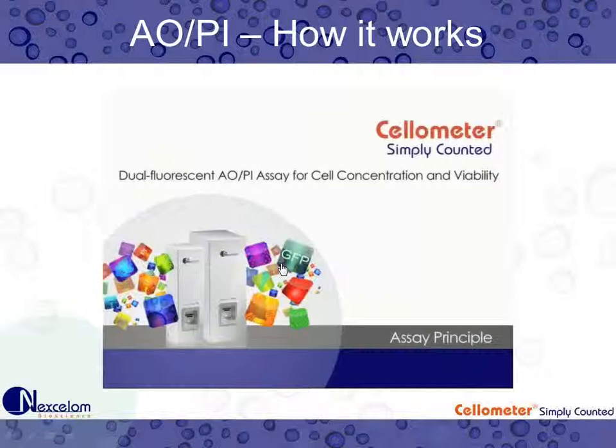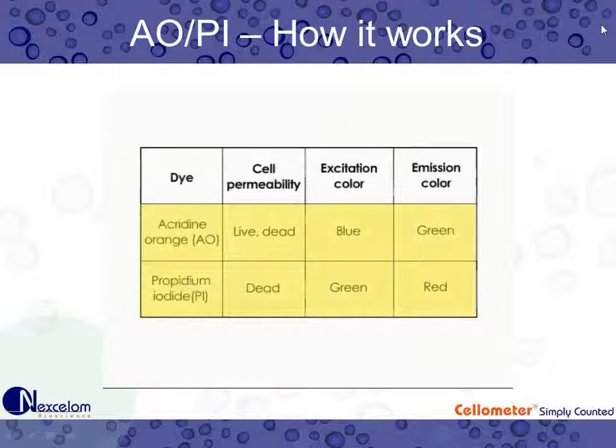Dual fluorescence AOPI assay for cell concentration and viability. This assay is most suitable for standard cell samples, such as white blood cells, splenocytes, and lymphocytes, which contain debris and unwanted non-nucleated cell types, such as red blood cells.